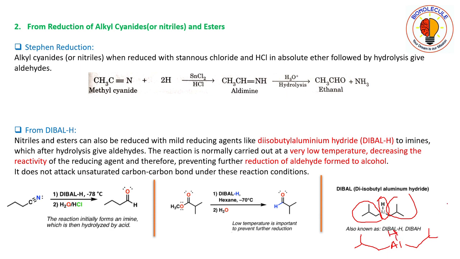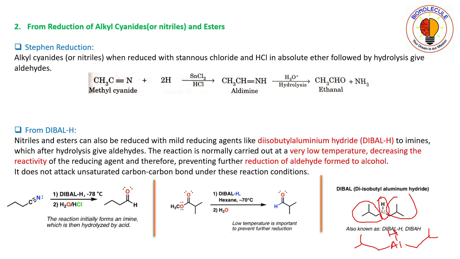hydrogen. Okay. So nitriles and esters can also be reduced with a mild reducing agent like diisobutyl aluminum hydride, abbreviated as DIBAL-H, to imines, which after hydrolysis give aldehydes.